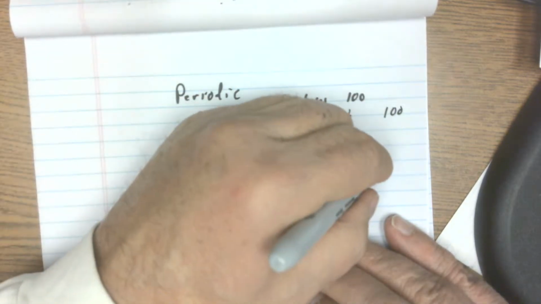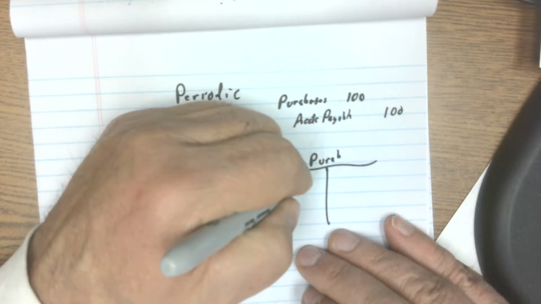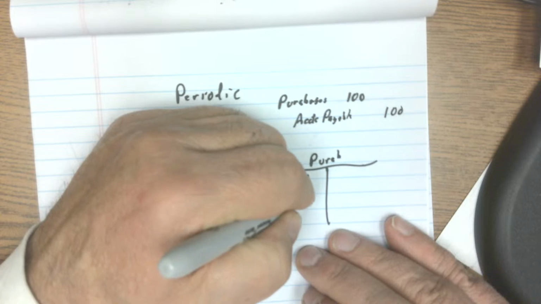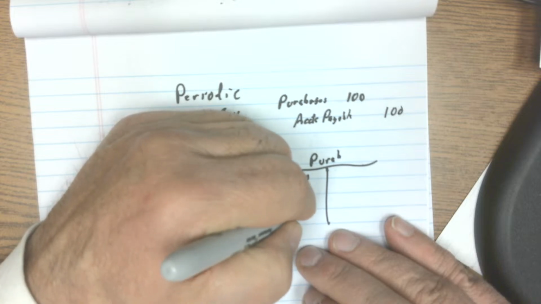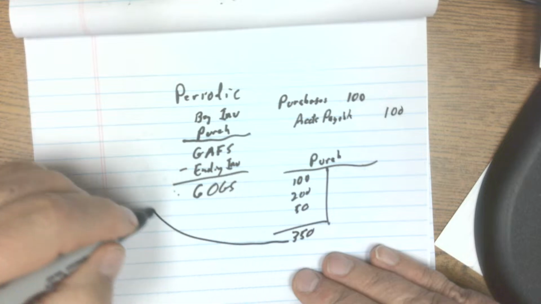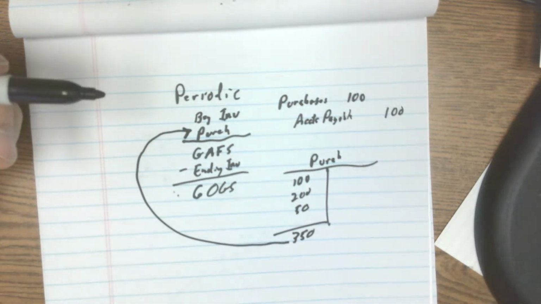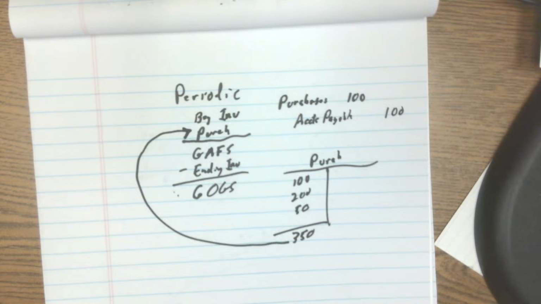And of course there'll be a T account called purchases, and we'll have all of these throughout the year. Add them all up, and this purchases will be the purchases that goes in there when we're done at the end of the accounting period.